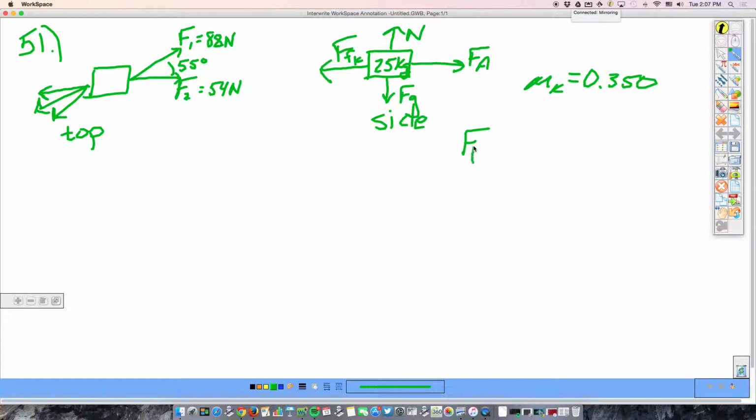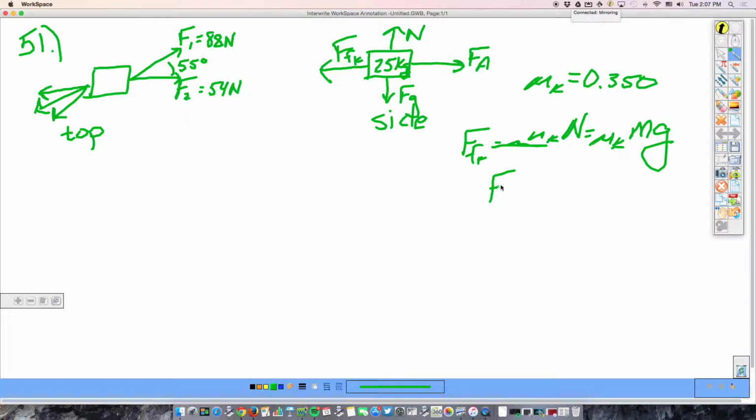So if I say that force of friction kinetic equals mu sub k times normal, then I can actually solve this, since in the y direction, up and down, normal and gravity are balanced. There's no acceleration there. So I know that my normal force is the same as my gravity force. So I can say mu sub k times mass times gravity.